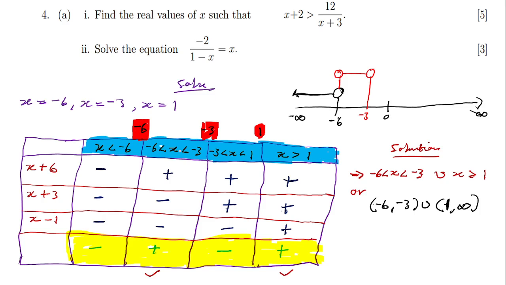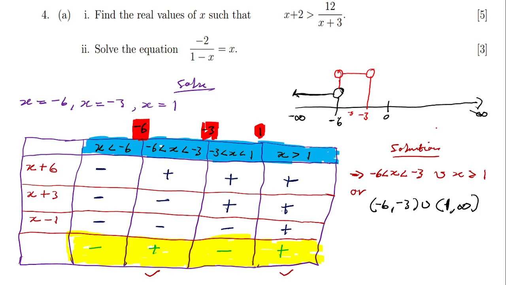If you pick a number in between, let's say -5, -5 is less than -3, but -5 is greater than -6. That's what this simply means. So -5 is standing for all the numbers in between -6 and -3. That's why you have something like that.